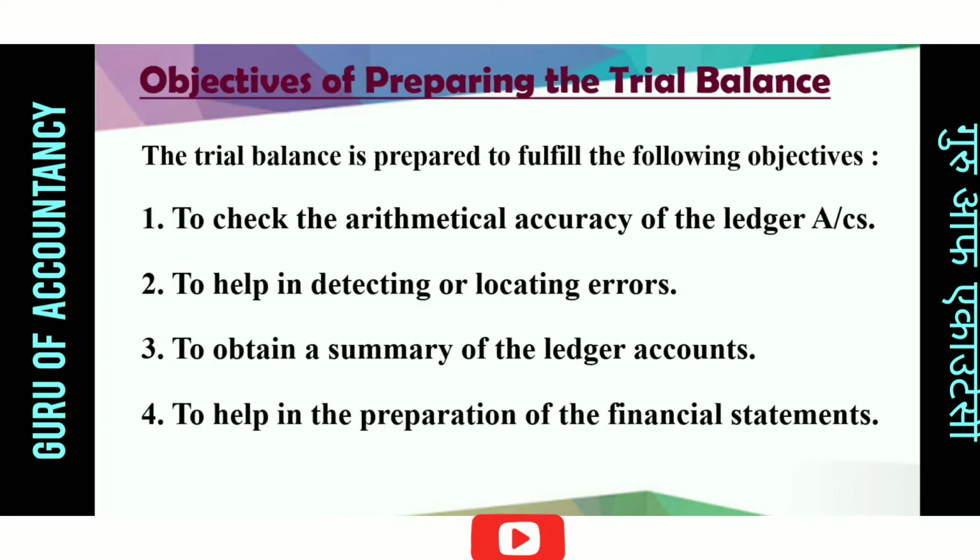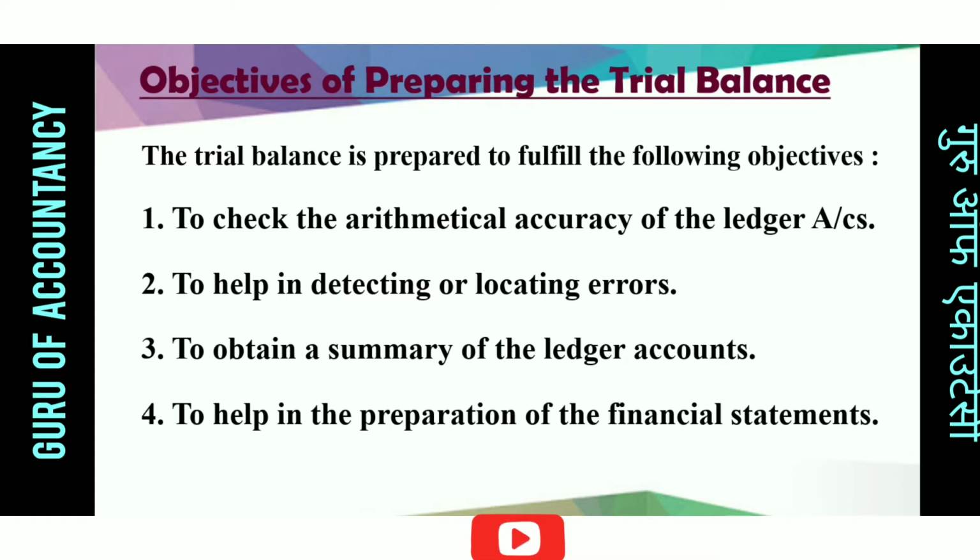What is the objective of preparing trial balance? Trial balance is prepared to fulfill the following objectives. First, to check the arithmetical accuracy of the ledger accounts. If you have prepared trial balance, then you can see whether all the transactions are correctly posted and arithmetically they are correct or not.